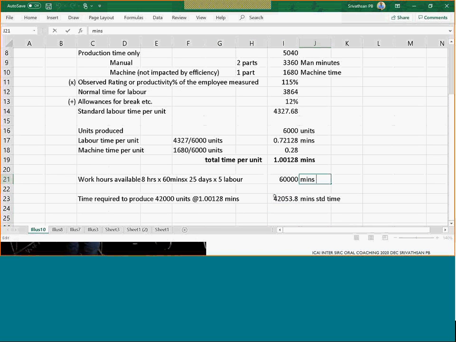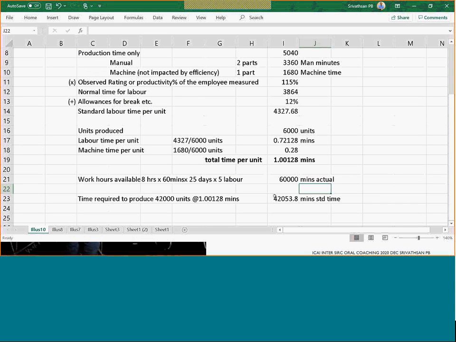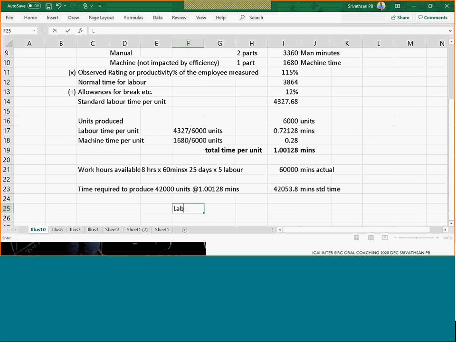So time actually. Compute utilization of labor. Utilization of labor: 16 minutes of your time. I used only 42,000 minutes of it, because we are measuring in terms of input.